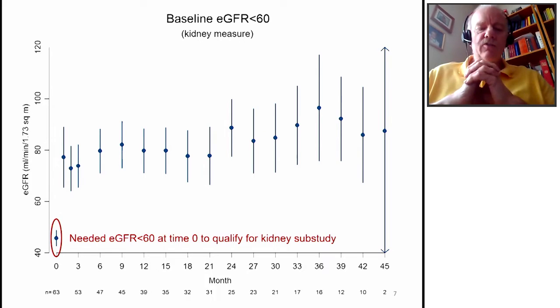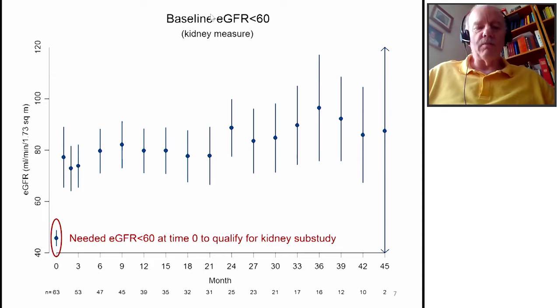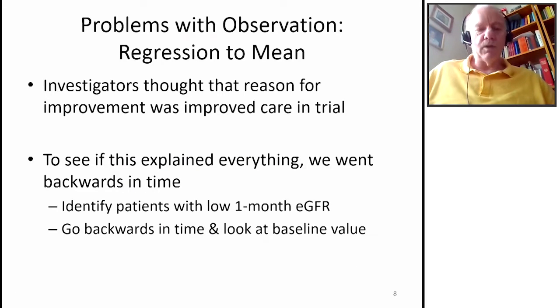To show this, instead of identifying those with EGFR less than 60 at baseline, we looked at the 1 month value, and identified a group of people whose value at 1 month is less than 60. Then we went backwards in time. For that same group of people, what was their EGFR at the beginning of the trial? And what you see is a somewhat similar picture.